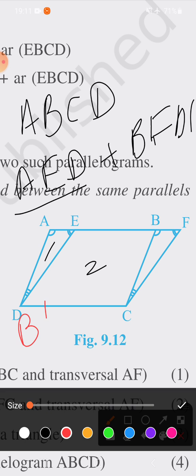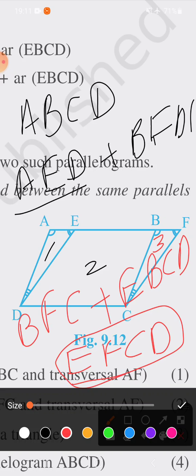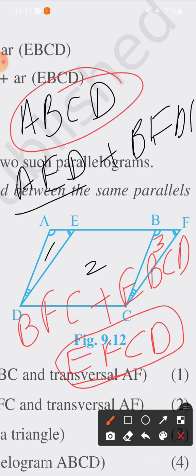So BFC plus this quadrilateral EBCD, if you add these two figures, you will get your parallelogram EFCD. So the area of parallelogram ABCD became equal to the area of parallelogram EFCD. This was a simple proof.